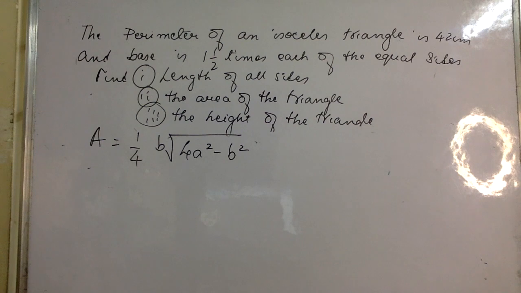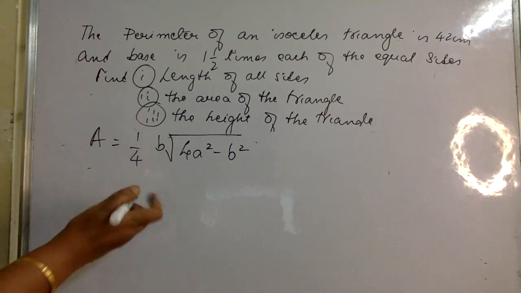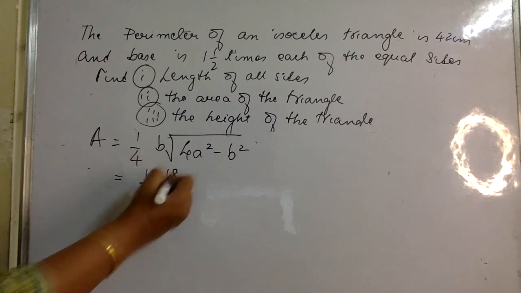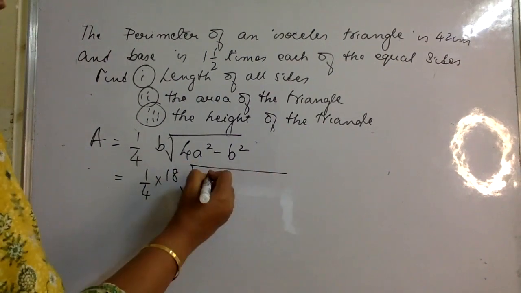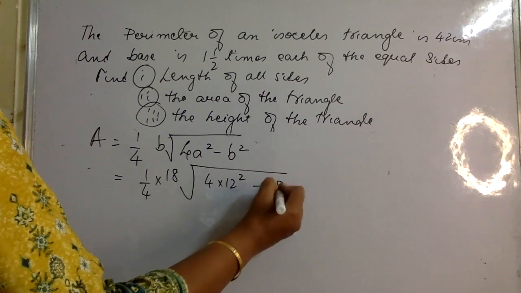Okay. Now what is the equal side and what is the unequal side in this? The equal sides are a and the unequal side is b. Okay. So 1/4 and my unequal side was 18, right? And then root over 4 into 12 square minus 18 square.